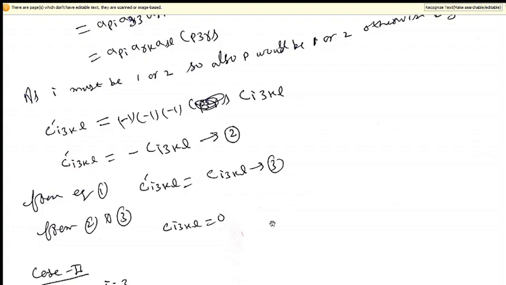Then if one index is 3 and the others are different from 3, the result will be 0. And the place of this 3 can be I, J, K, L, whatever. So in the indices of C, if 3 appears one time, the result will be 0.